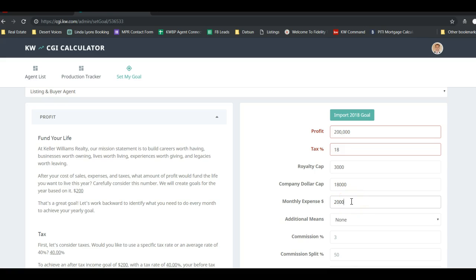Your monthly expenses. If you're brand new, this is kind of a shot in the dark, but you should tally this up. And this includes all your business expenses. If you're the sole provider for your home, this would be your mortgage, your car payment, your daycare, all of the stuff.